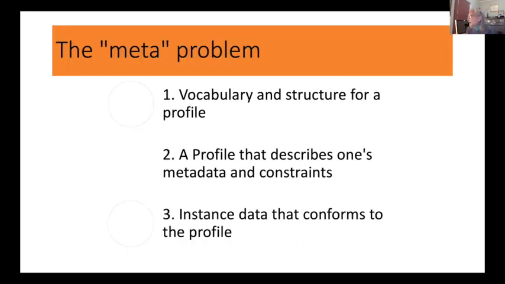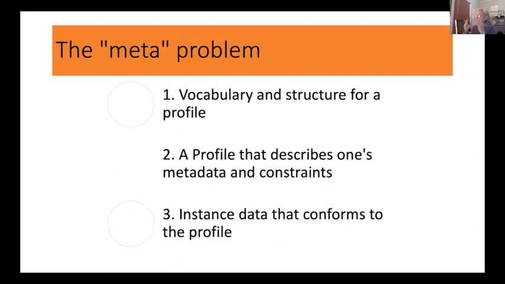Now we have a meta problem here, because already I believe I found myself mixing up some things that may have confused you. So there are really three different levels that we address. The first is a vocabulary and structure for a profile.